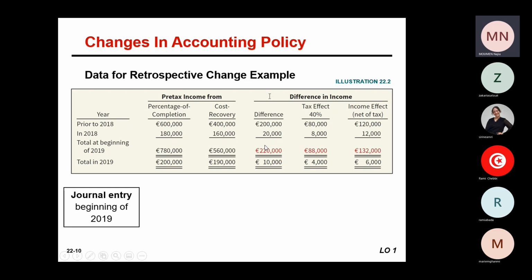This illustrates the effect if we were using the percentage of completion method in prior periods, prior to 2019, meaning in 2018 and 2017. So we had a difference of 220, but the net increase in my income will be 132.